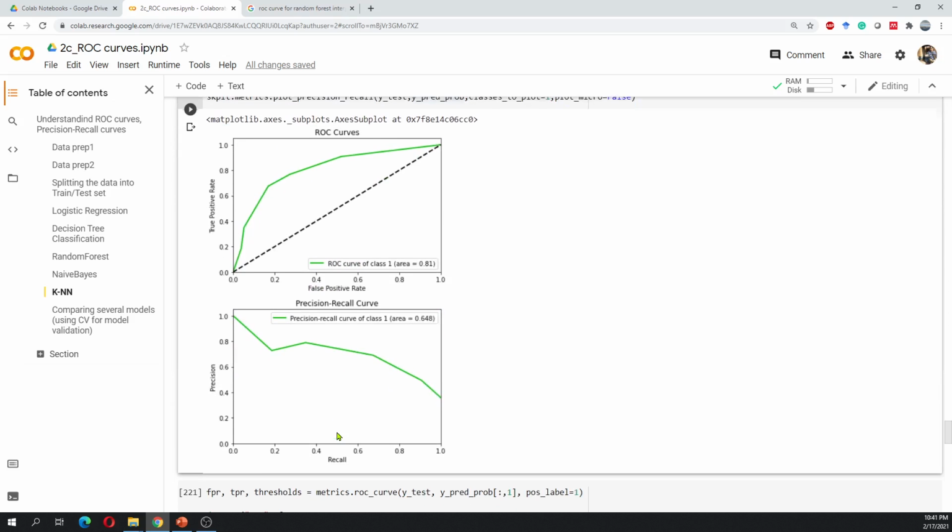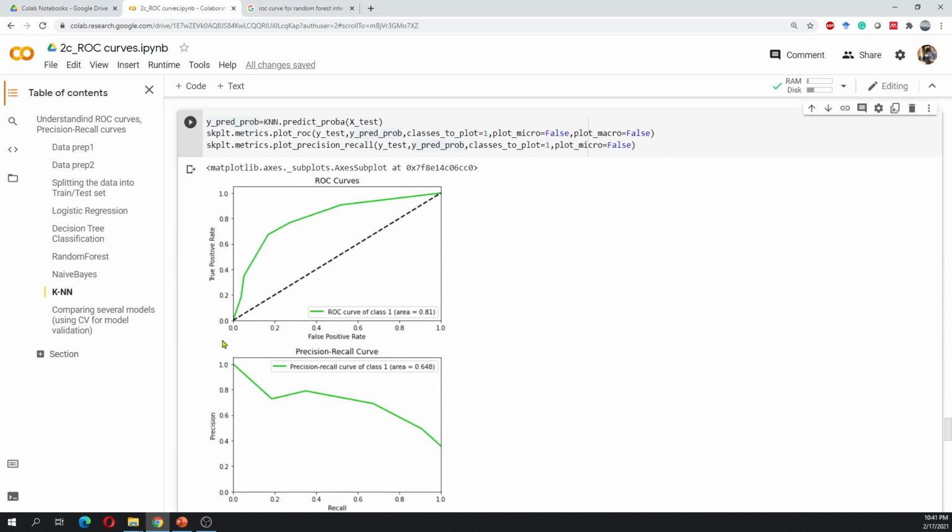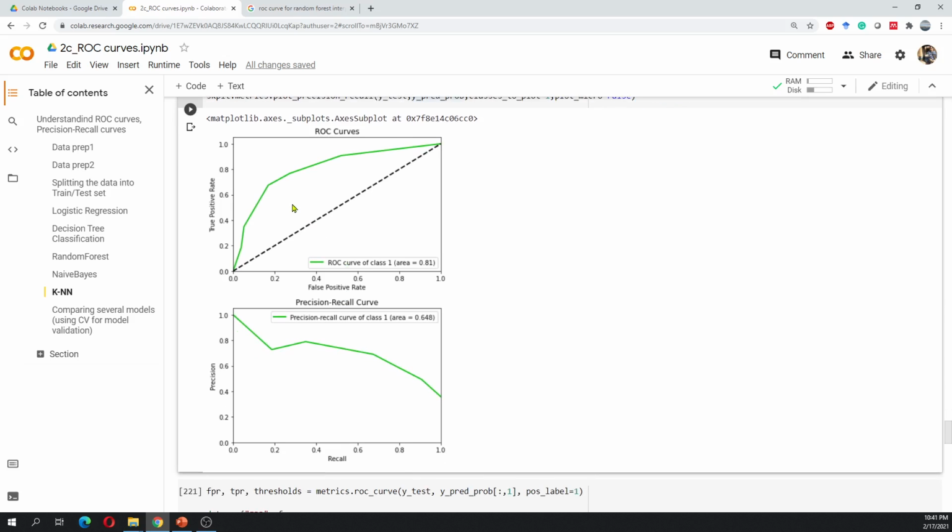So let's pick, we have 1 and 2, 3, 4. Again, the first one is arbitrary, ignore it. 1, 2, 3, 4, 5, 6. These are the far ends of these 2 points. Let's say we would want to go with something in the, say here, I want a smaller false positive rate.